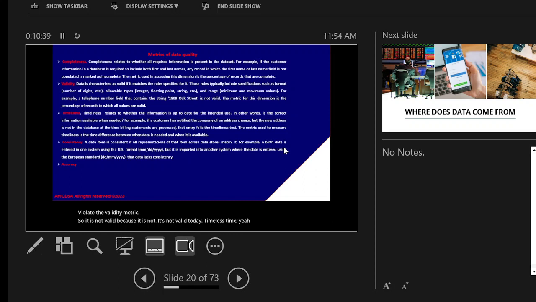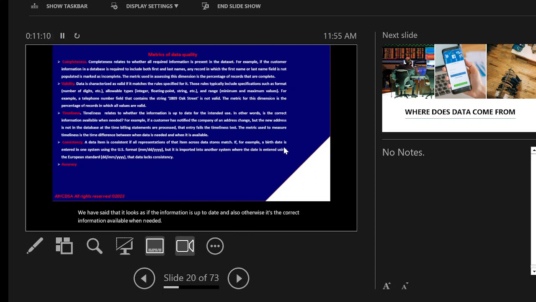So the metric used to measure timeliness is the time difference between when data is needed and when it is available. There's another example here. As we have said, it looks at whether the information is up to date, and whether the correct information is available when needed.